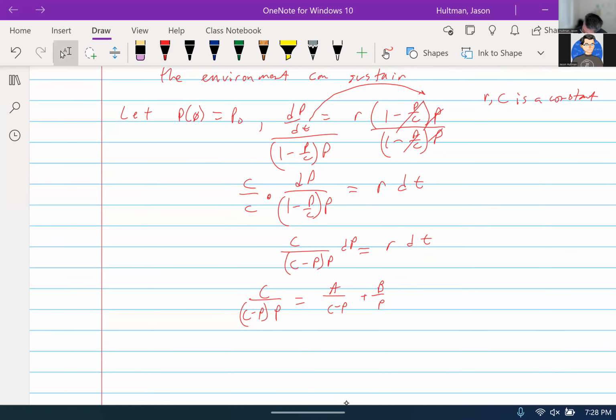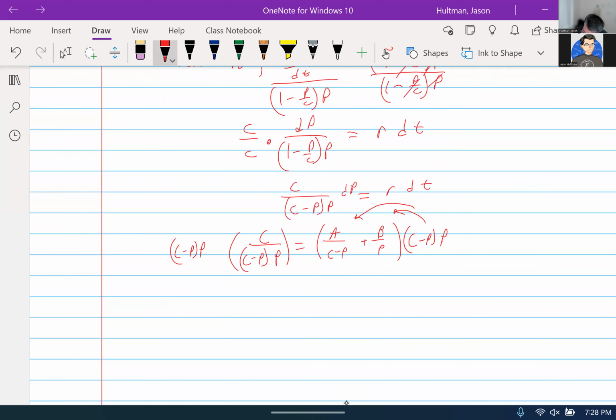If I multiply through by C minus P times P and then distribute that, I get C is equal to A times, no, A times P. The C minus P's are going to cancel out.